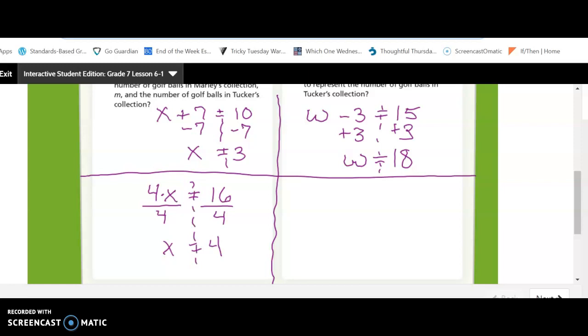And similarly, if I have something that starts with division, like x divided by 2 equals 20, the opposite of dividing by 2 is to multiply by 2. So x would equal 40. So there's that review of yesterday's examples.